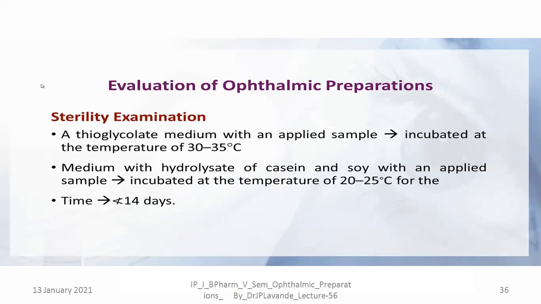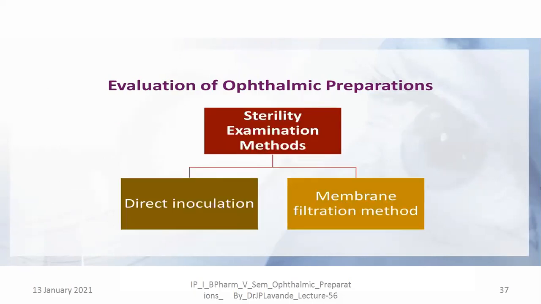For the thioglycolate it is 30 to 35, and for the soybean casein digest it is 20 to 25. And the time should not be less than 14 days. That means this media has to be kept over a period of 14 days. That's why it needs to be continuously examined and observed for the growth of the microorganisms.